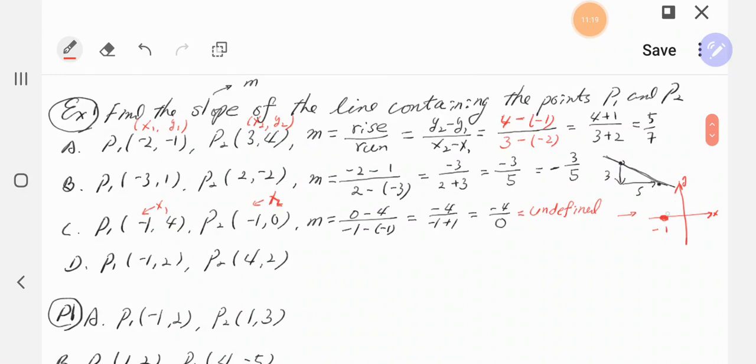And let's say this is 4. So the first point is negative 1 and 4 is this one. The second point, P2, is negative 1, 0. So if we connect these two, then this is a vertical line, isn't it? Okay, this is the vertical line.